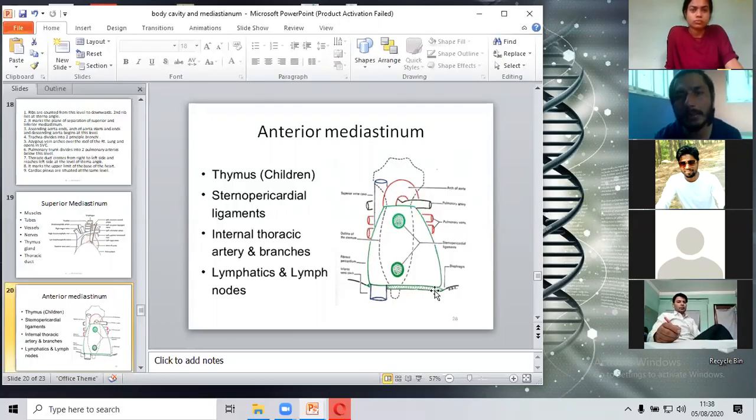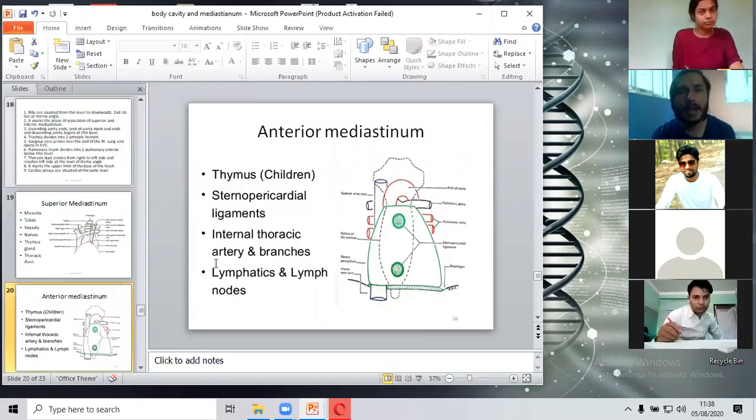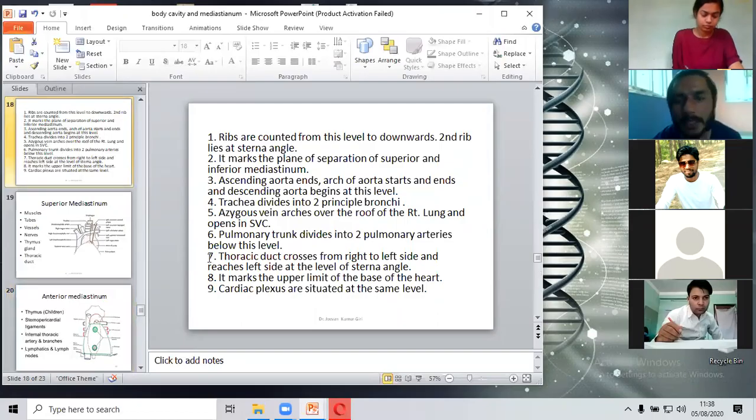The parietal pericardium has an apex, a diaphragmatic surface, and a base. This base lies at the level of the sternal angle only. At least remember up to 7 points, they are very important. If you forget the remaining 2 points, no problem. So that forms the upper limit of the base of the heart.